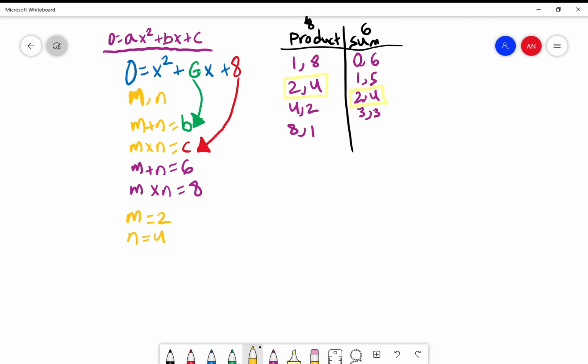Okay, so now that we have the magic numbers, we can rewrite the quadratic equation like this: 0 is equal to x squared plus 2x plus 4x plus 8. And we can rewrite it like this because these two numbers, 2x and 4x, sum to 6x anyway.